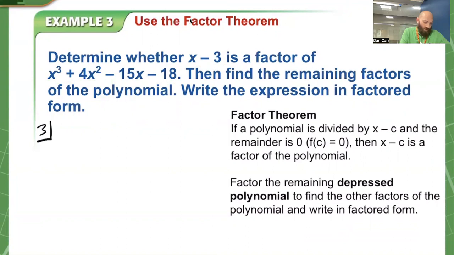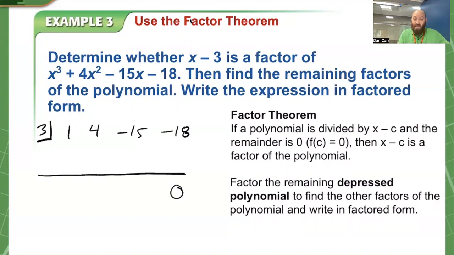We have 1 x to the third plus 4x squared minus 15x minus 18. If it is a factor, then according to synthetic division, our remainder should come out as 0. That's the idea, if x minus 3 is a factor of this, we would have 0 for the remainder. Okay, so let's run through and see if we do get 0 here.